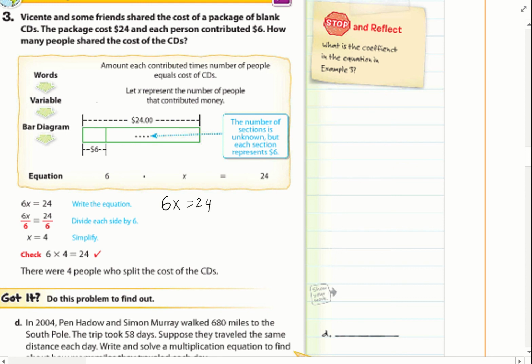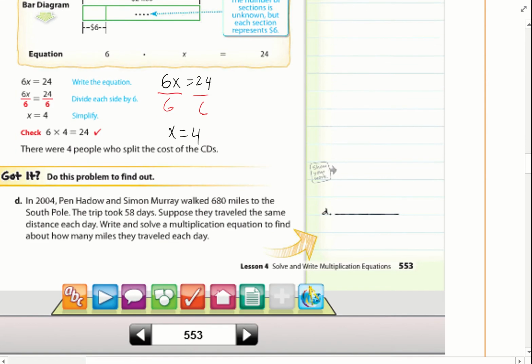So here's the bar diagram. The whole thing's 24, and a section of it is 6. So if we divide the 6's among the 24, that's going to give us x equals 4. So there's 4 people who split the cost of the CDs.